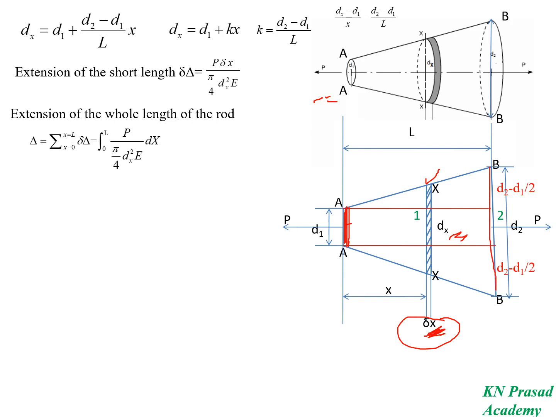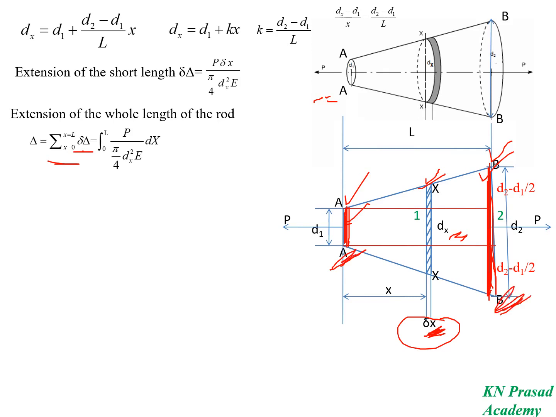So we have to sum the deformation of the smaller lengths from the start of the bar to the end of the bar, which is delta equal to the summation of the extension of all the smaller sections, equal to the summation of dou delta. We have to add from the starting point to the end point.